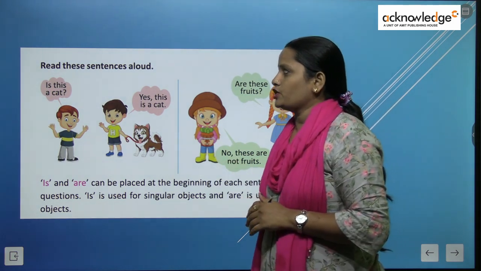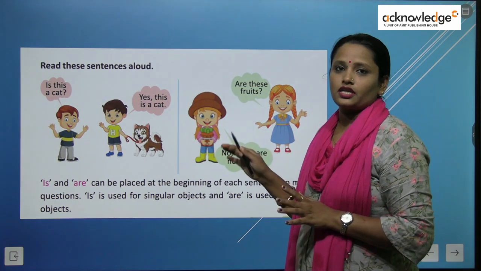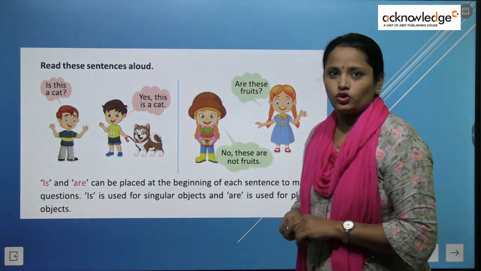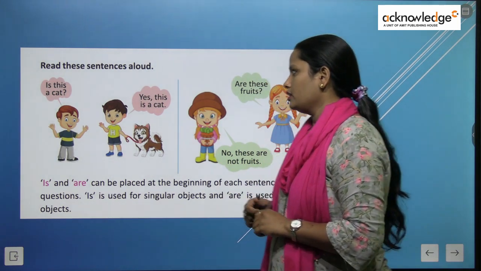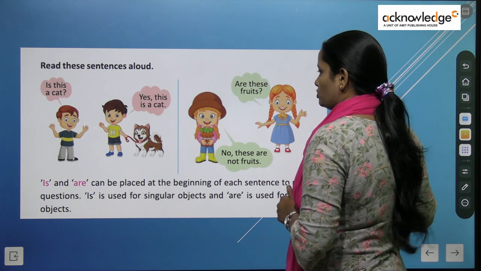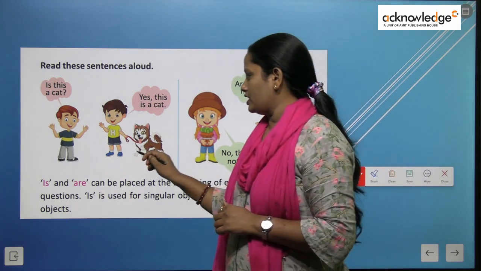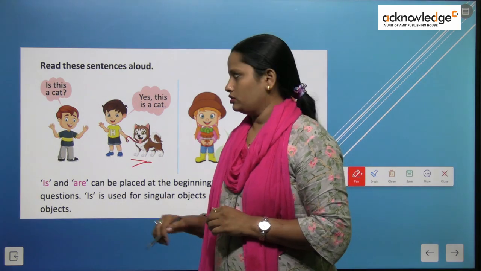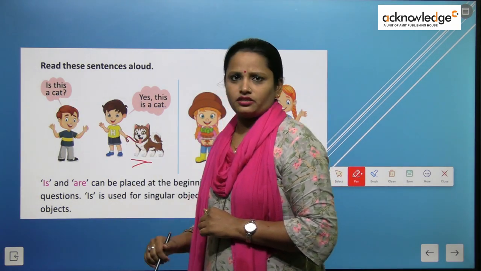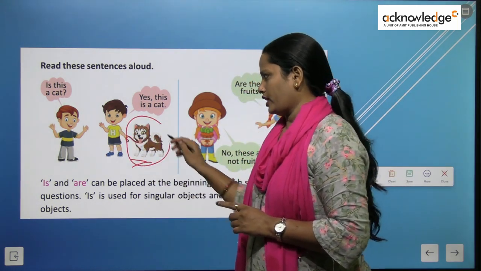On the first page you can see, read these sentences aloud. Some sentences are given on both sides. First, there are two boys standing and one is standing with his pet dog. One boy is asking his friend, is that a cat? He is not sure whether this is a dog or a cat.